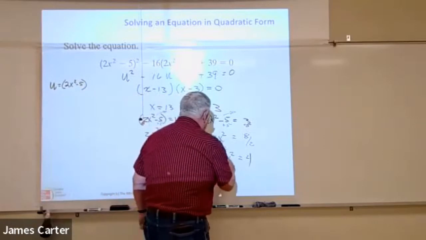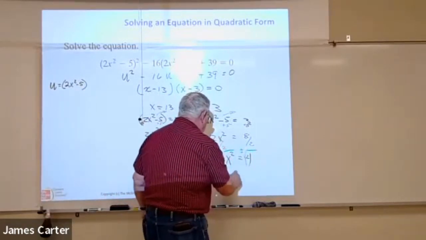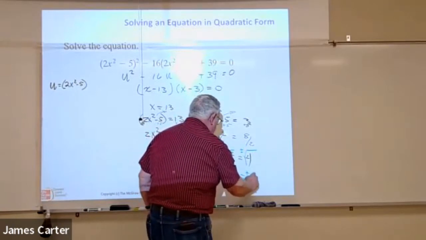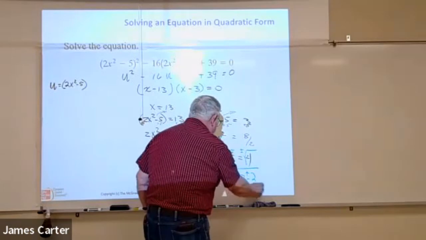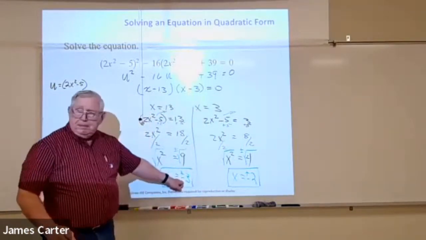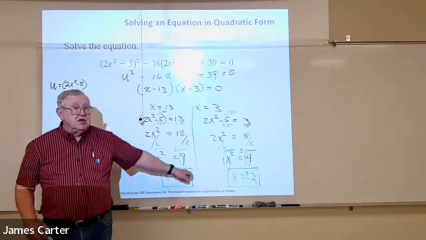This one, do the same thing. Plus or minus. This gives me x. That gives me plus or minus 2. Now, I have 4 potential answers. 4 potential x-intercepts.